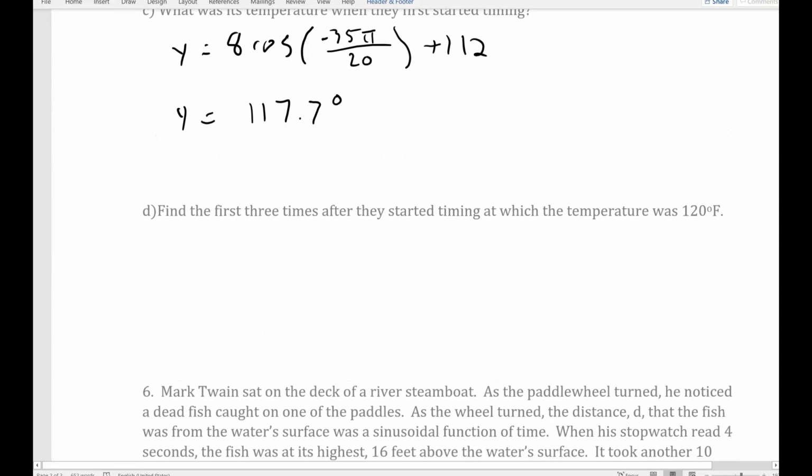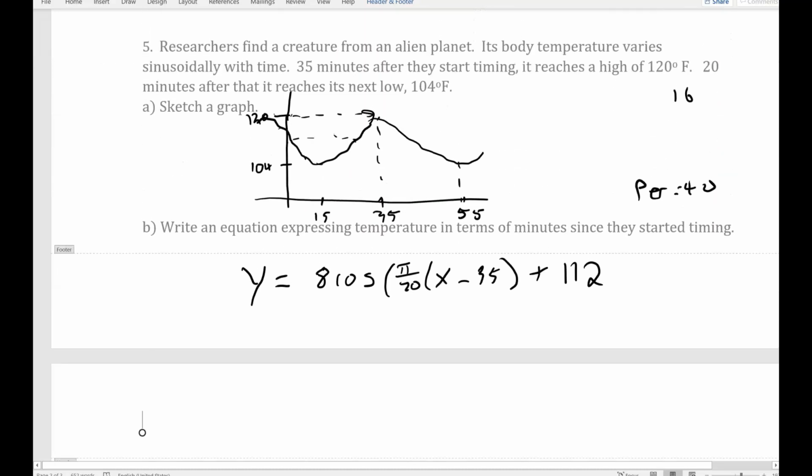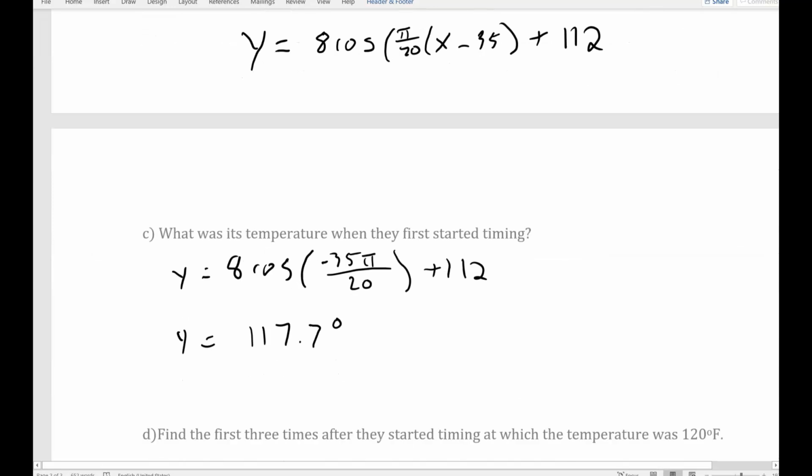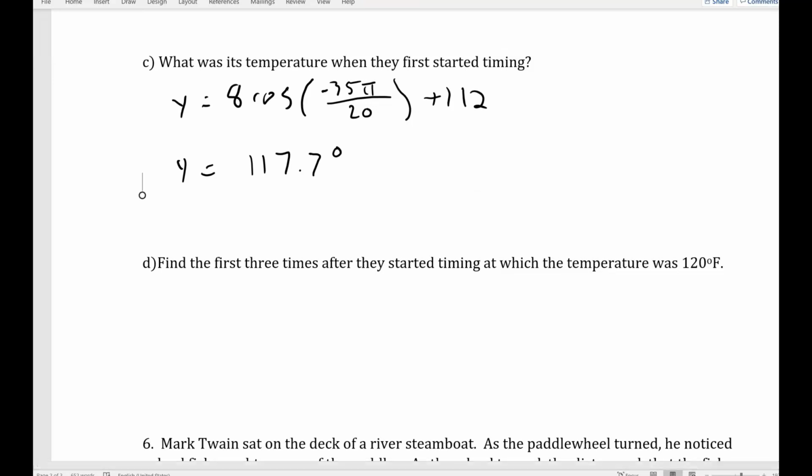Okay, so then part D says find the first 3 times after they started timing at which the temperature is 120 degrees. Now, 120 degrees is the high point. So we know the first time is at 35 minutes.